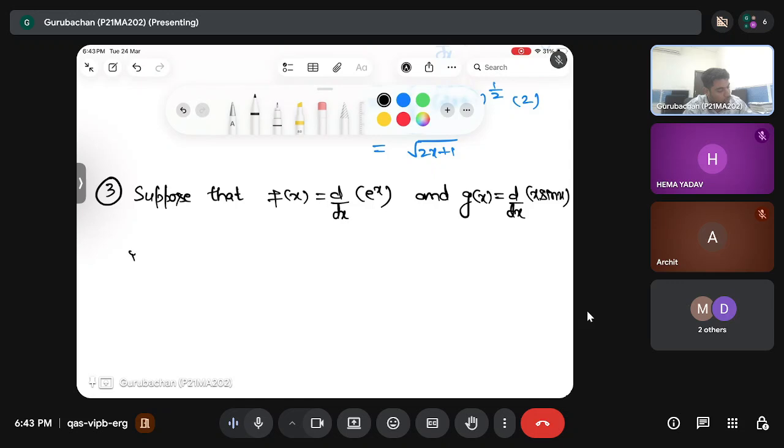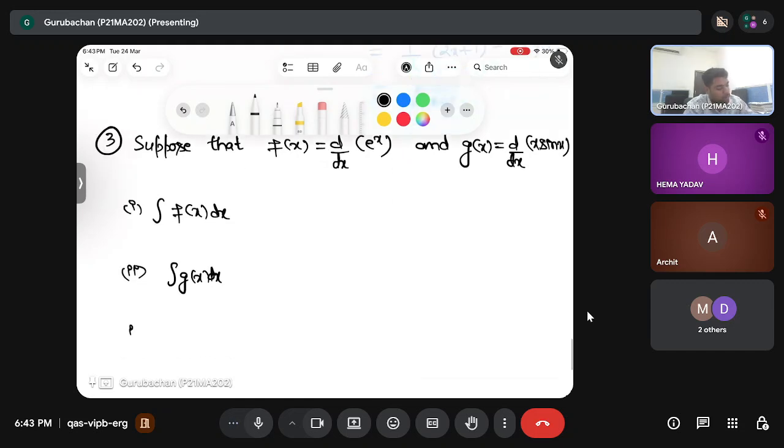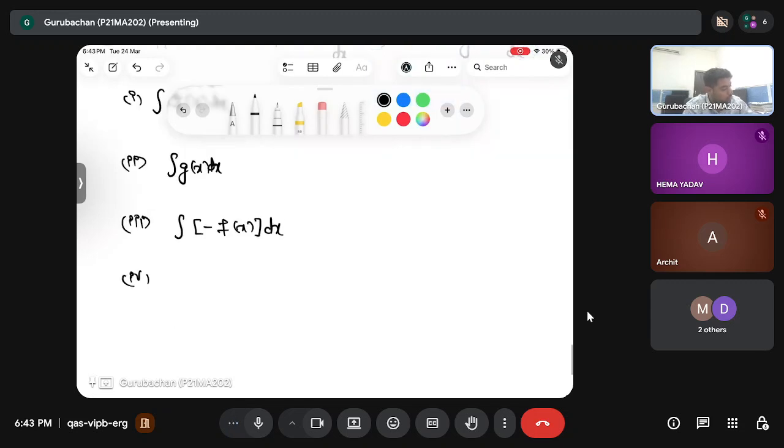So first one is, what will be the integration of f(x) dx? Second one is, what will be the integration of g(x) dx? The obvious questions. Third one is, what will be the integration of minus f(x) dx? Fourth one is integration of minus g(x) dx.